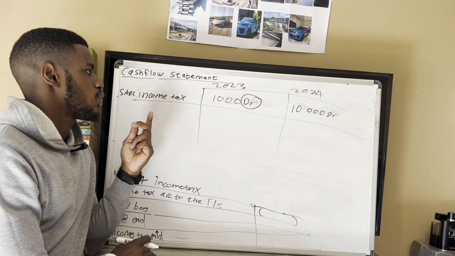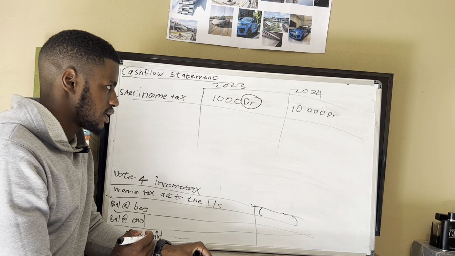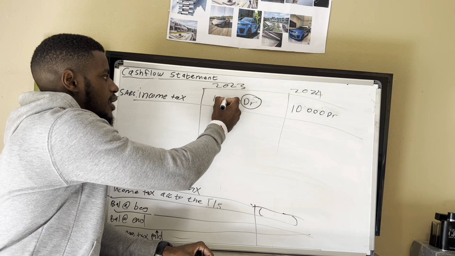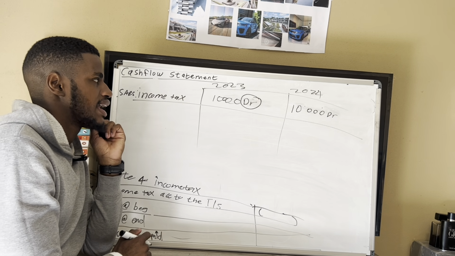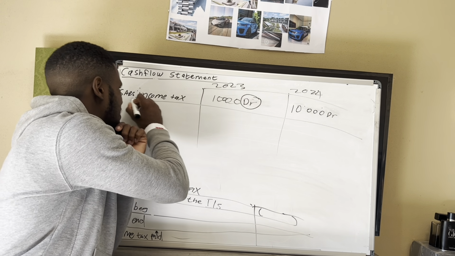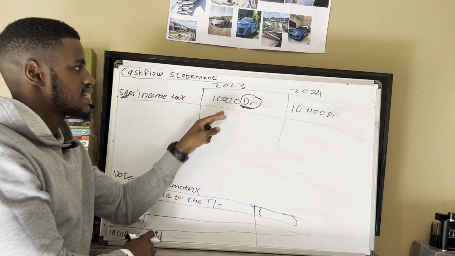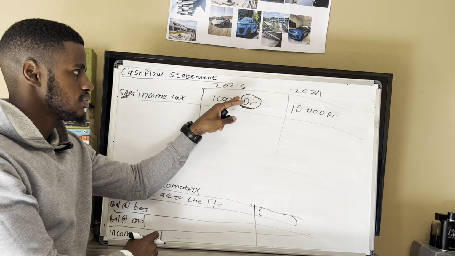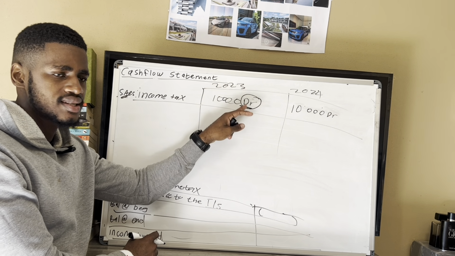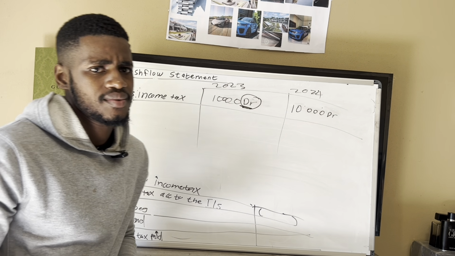So with us, if it says 10,000 debits, it means that SARS is a debtor. If it says 10,000 CR, it would have meant SARS was a creditor. But let's start with the debtor part.